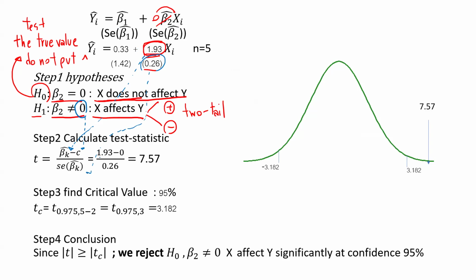So 1.93 minus 0 over 0.26, and after the calculation you get 7.57.